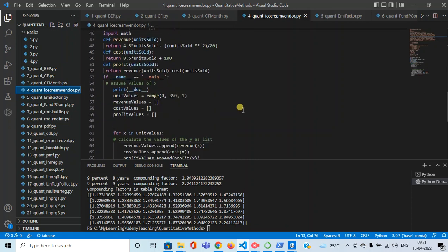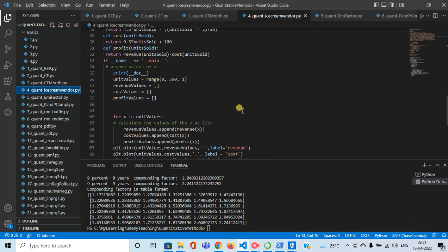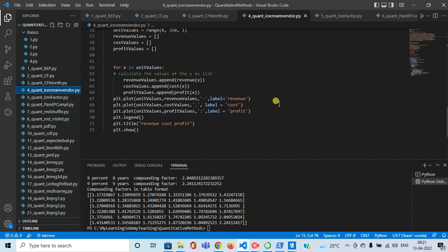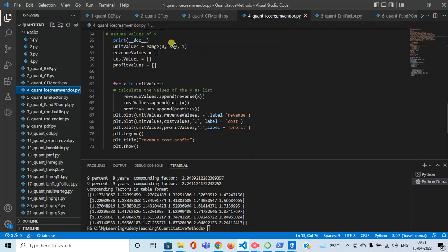We calculate revenue, cost, and profit for each x in unit values, 0 till 349, and then plot them, with a legend for revenue, cost, profit, and then plot show.